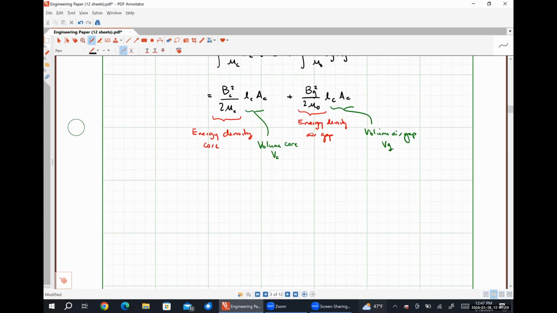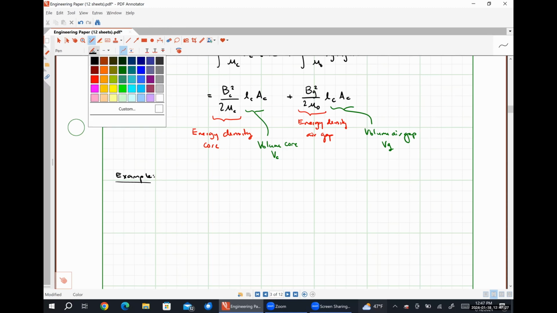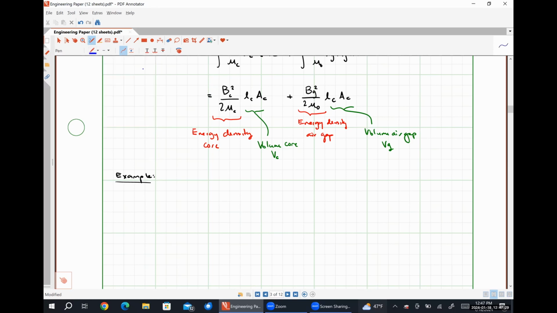So we're going to use our relay circuit from before, and I'm going to give our structure dimensions. So let's do that really quickly. So this is our core structure. Or something similar to it.